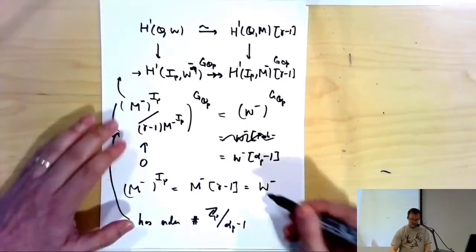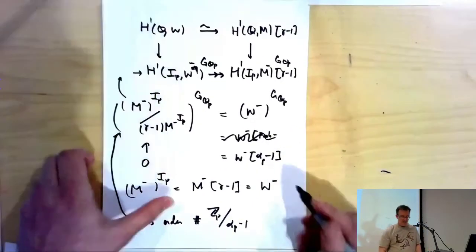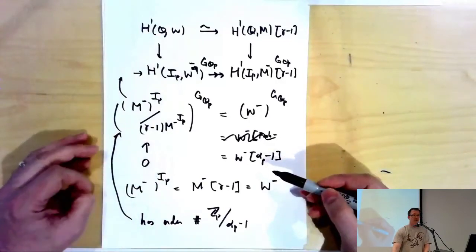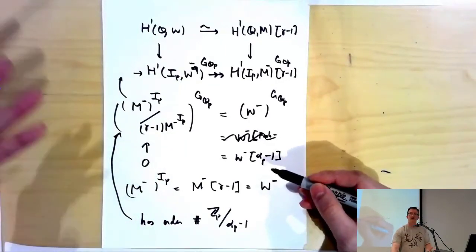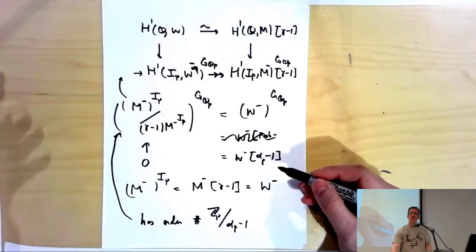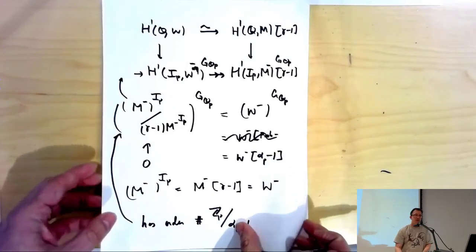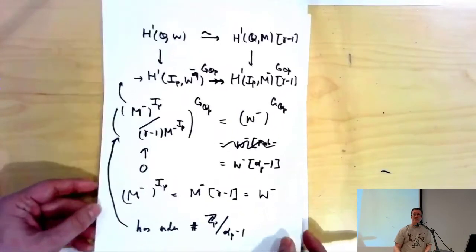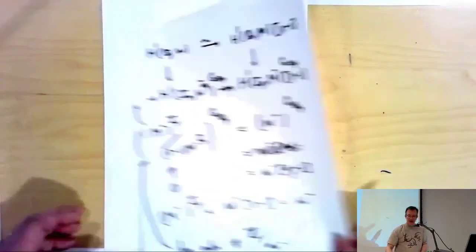Alpha_p is the unit root of the characteristic polynomial x squared minus a_p x plus p. That was notation from the last lecture. I'm sorry I'm not putting all the notation back up.